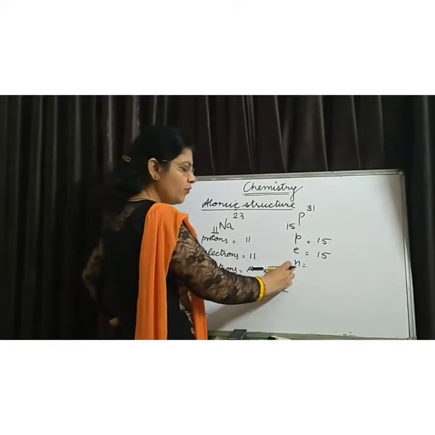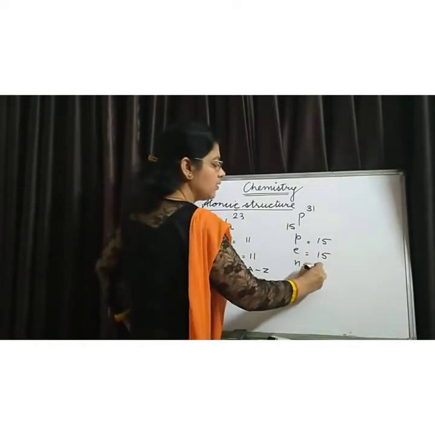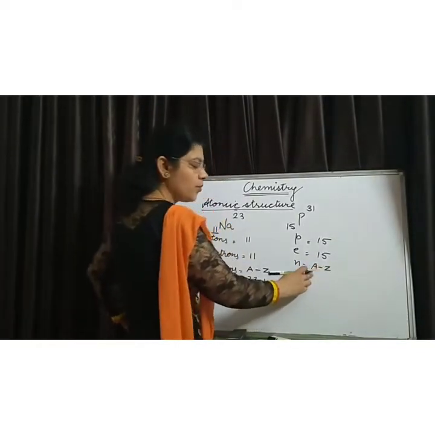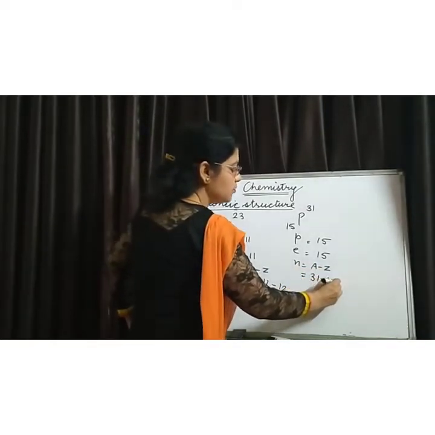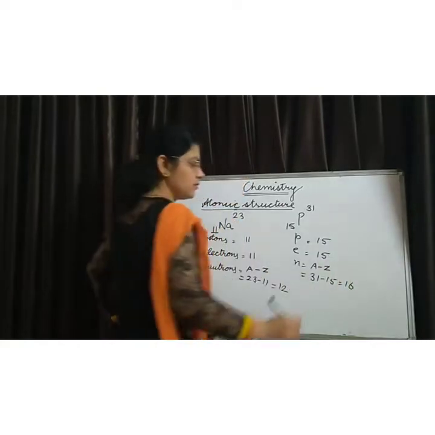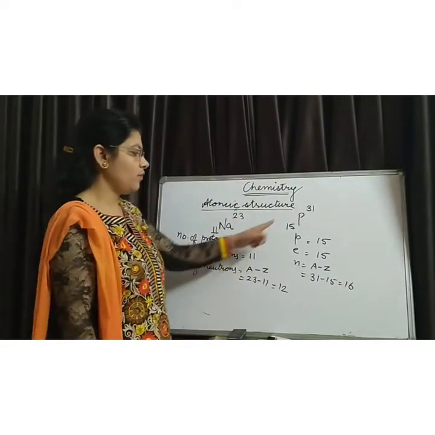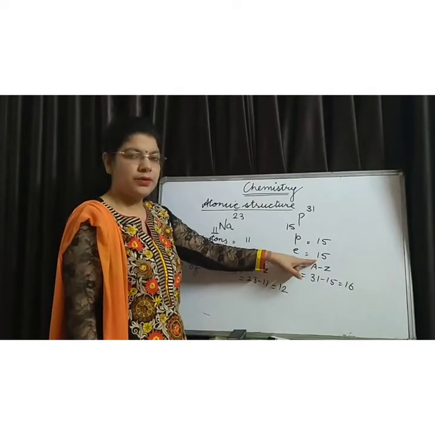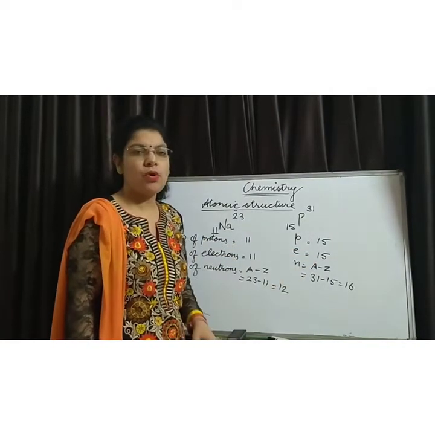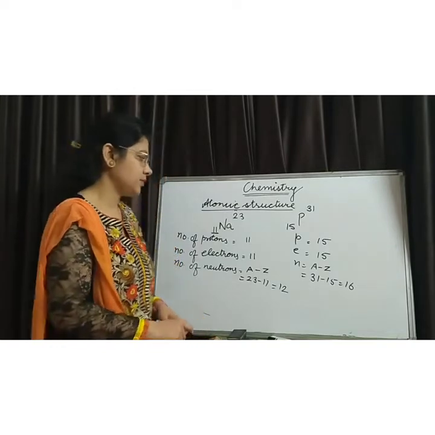For the number of neutrons, we subtract the atomic number from its mass number. It comes out to be 16. Hence, in phosphorus, 15 protons, 15 electrons and 16 neutrons are present.